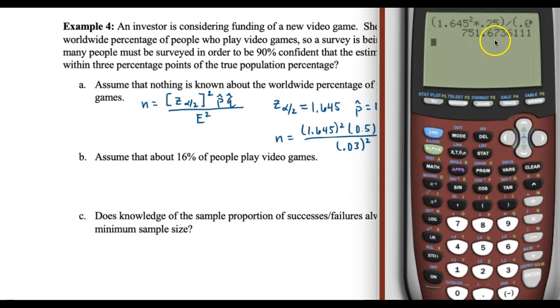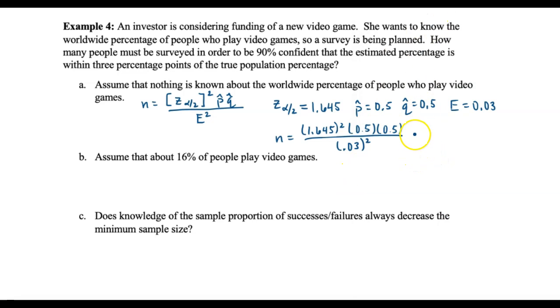And so because I know that this is a number n, I'll just add this for our notes. This is equal to 751.7, which rounds up to 752, remembering that n is always the next whole number.